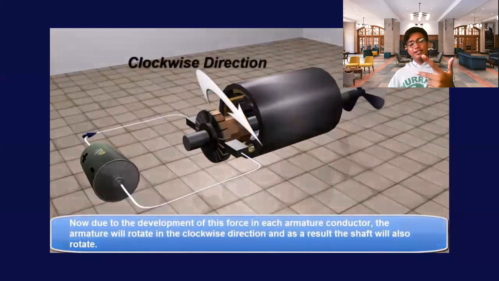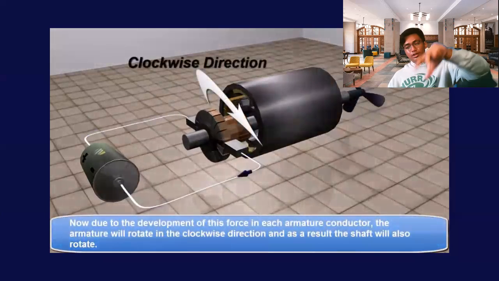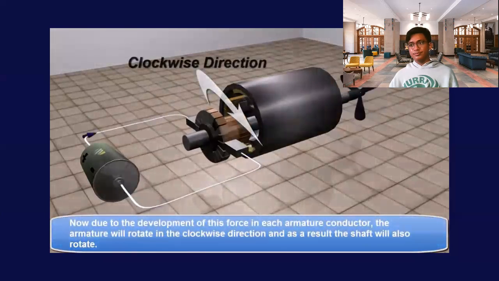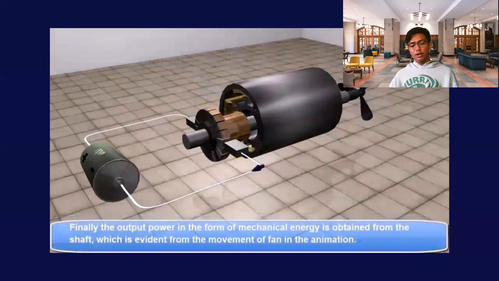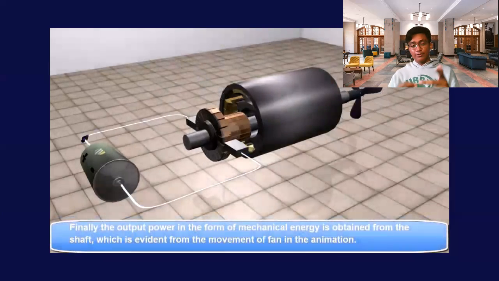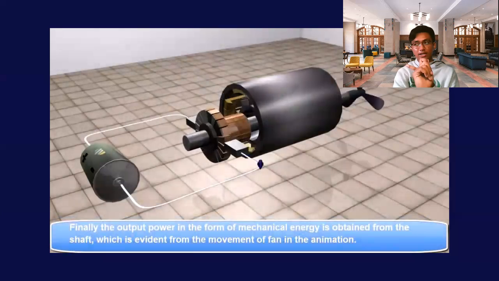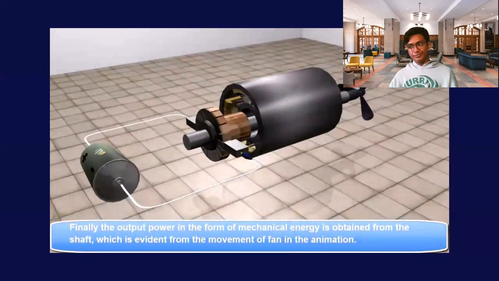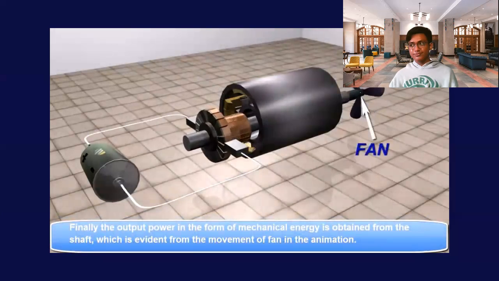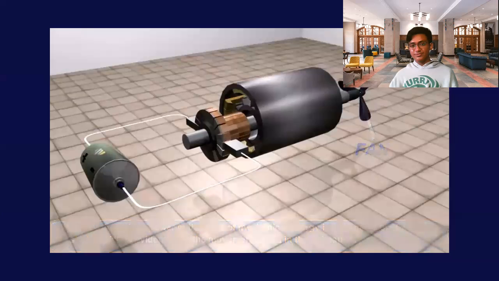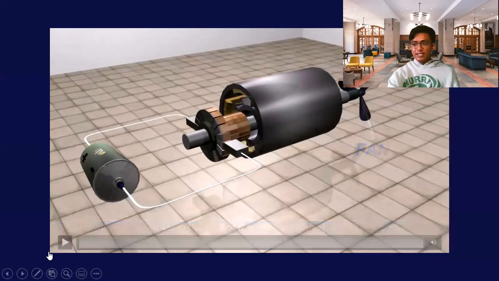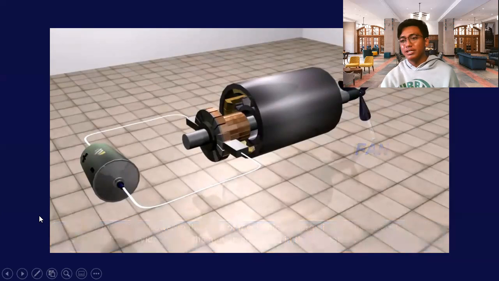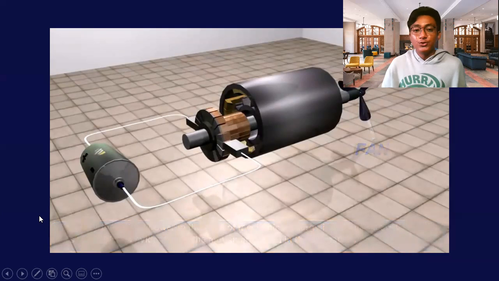The shaft will also rotate. Finally, the output power in the form of mechanical energy is obtained from the shaft, which is evident from the movement in the animation. So basically that is the fundamental of the DC motor.